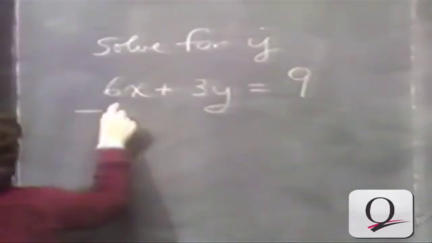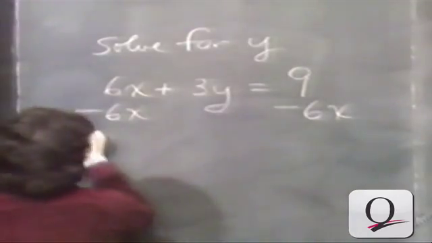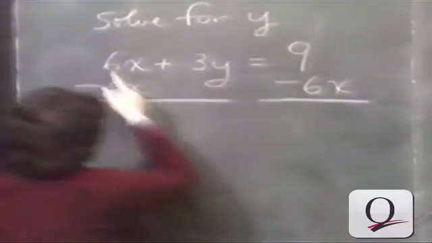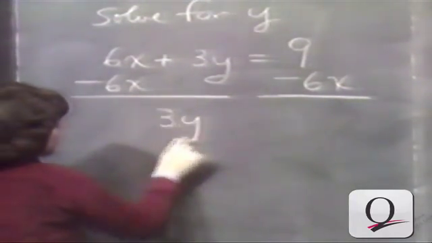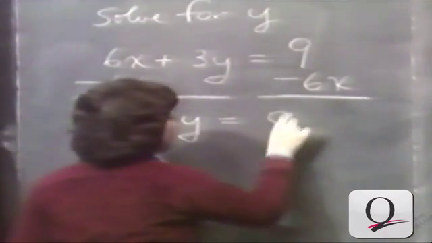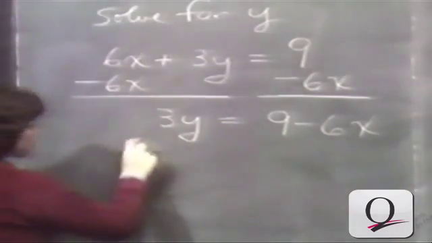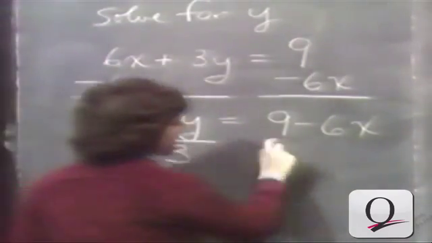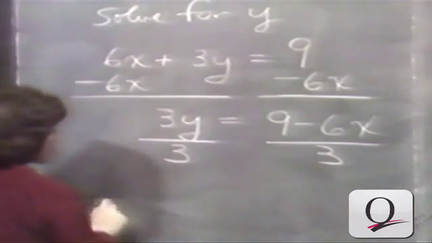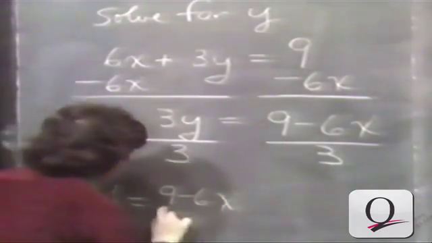Let's subtract 6x from both sides of the equation, giving us 3y. 6x minus 6x gives you 0. 3y equals 9 minus 6x. Then divide both sides of the equation by 3. y equals 9 minus 6x over 3.